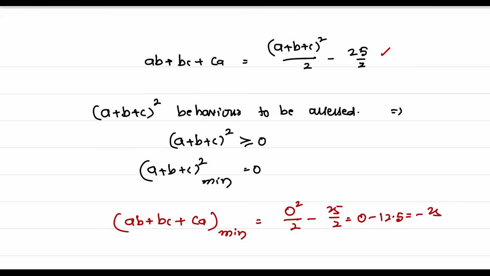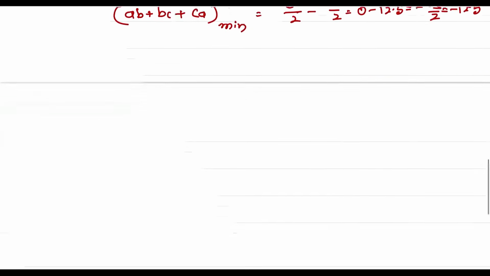That means minus 25 by 2 or minus 12.5. Because here we have to find the range, we have to find out the minimum value and maximum value. The minimum value is minus 25 by 2 from the above logic.